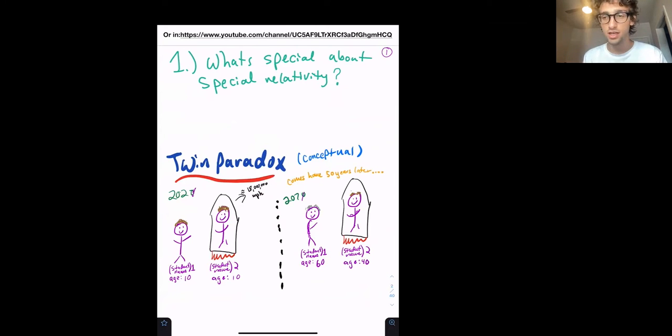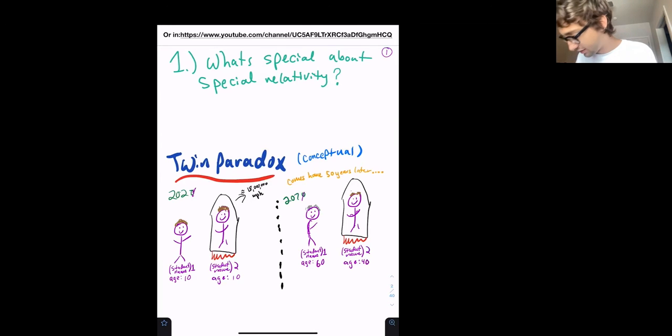This twin takes off on a spaceship going about 18 million miles per hour. When your twin comes back 50 years later, you're at Earth, so you'll be 60. However, when your twin comes back from traveling constantly at this speed, you'll find that your twin is only 40 years old.